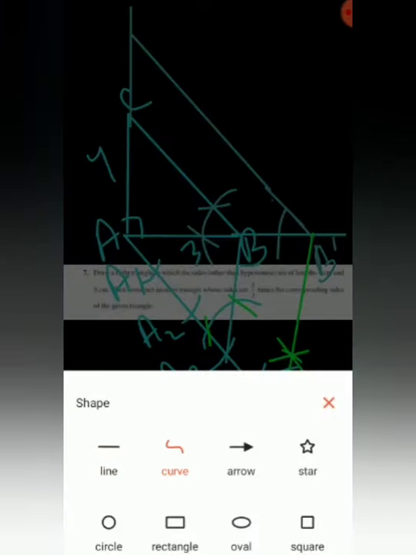You join your B dash to that arc point in the middle, and then you'll get a line which is parallel to BC, like this. Name that point as C dash. Now your required triangle is AB dash C dash.